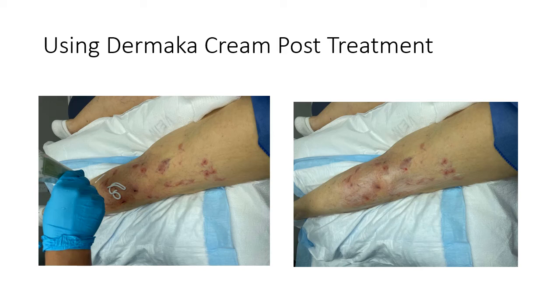You can actually have them wear compression as long as possible. Most people here in Florida, it's about a day or two and that's it. But these marks will resolve and she'll have a nice result. This is what it looks like when you treat a patient that's over the age of 65 or so, or has been in the sun for a long period of time.